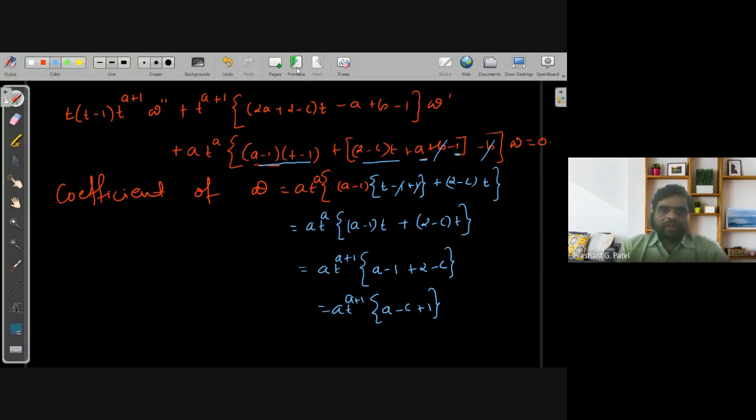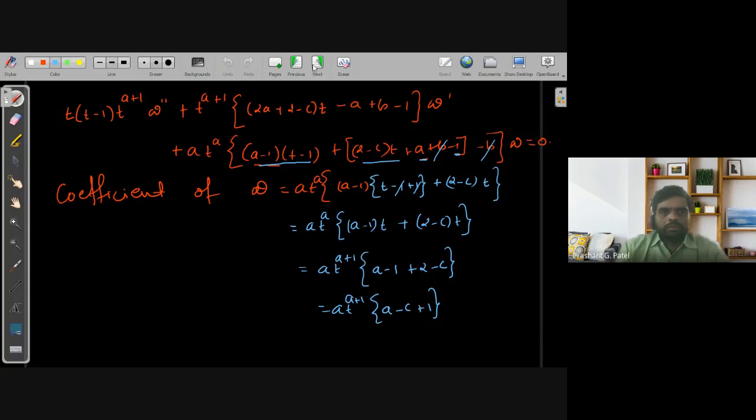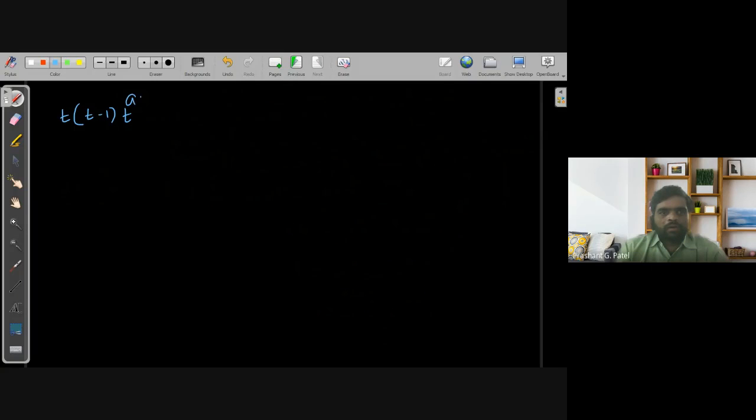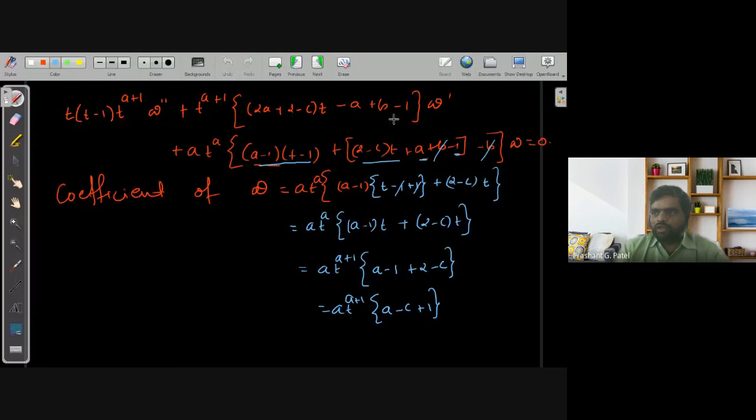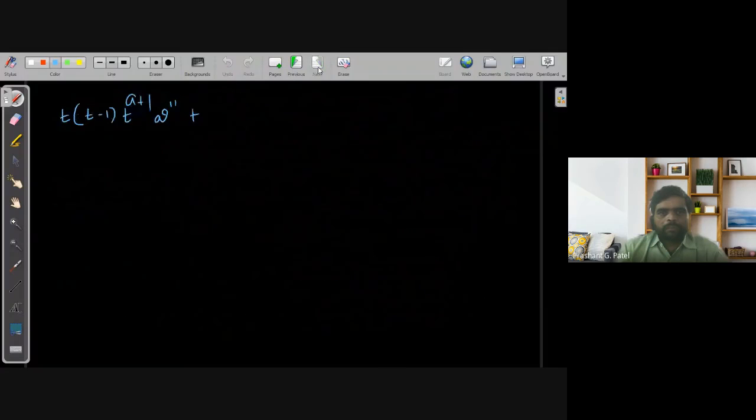So finally what we get is t into t minus 1 t power a plus 1 w double dash, plus this whole quantity, which has the constant as this and the coefficient of t as this. Sorry. So it is t power a plus 1.